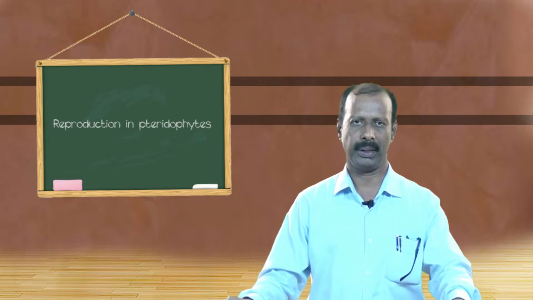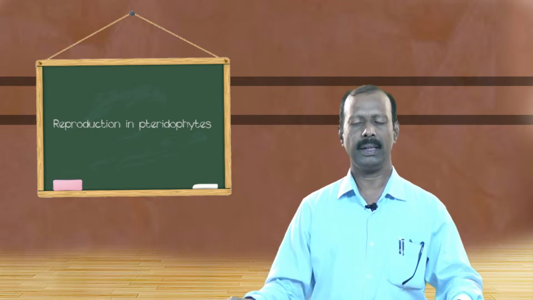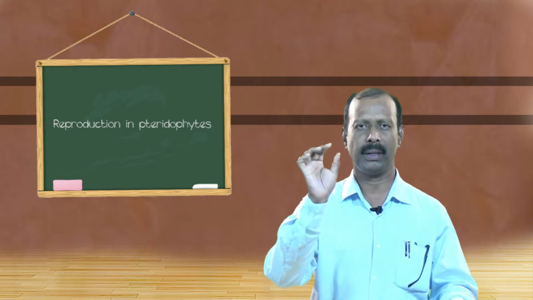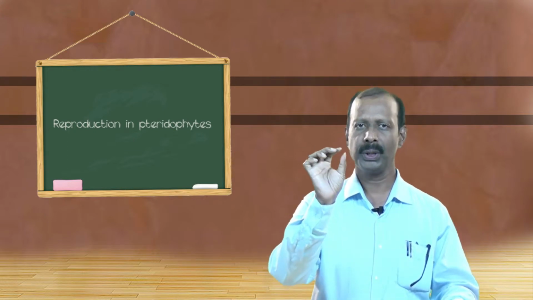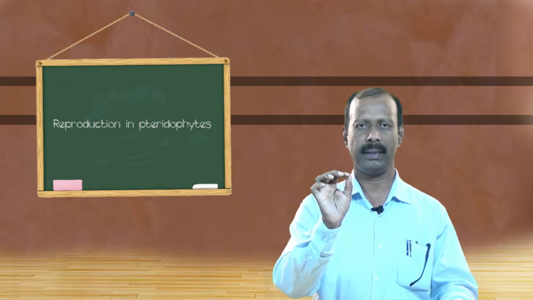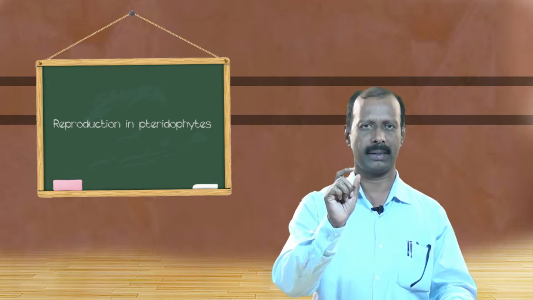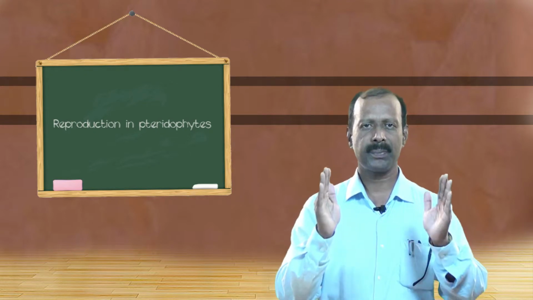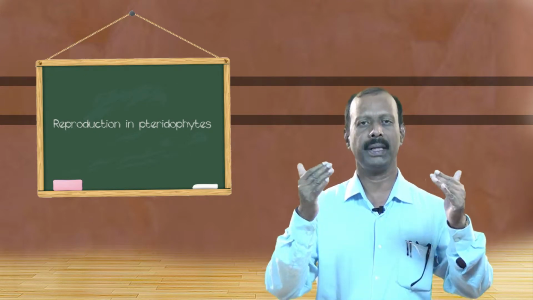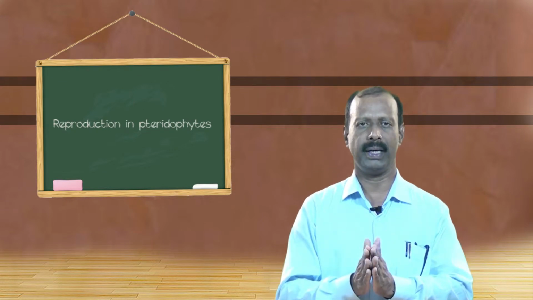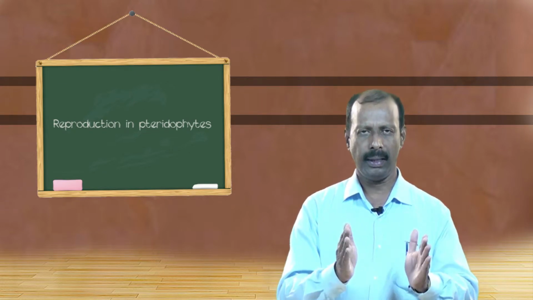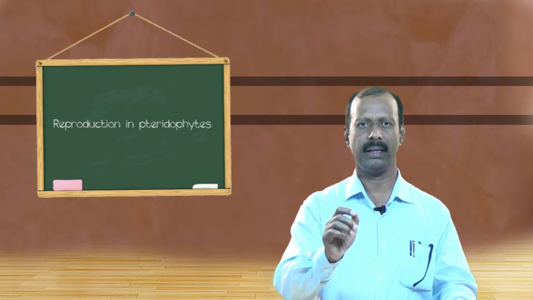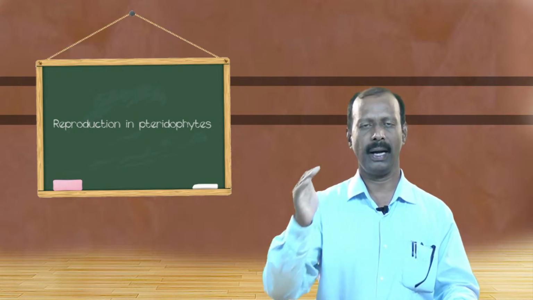The pteridophytes reproduce asexually by the formation of spores. Spores are single cells that are haploid in nature, and a spore develops into a gametophyte. That means, in a way, a spore is the first cell in the life cycle of a gametophyte.